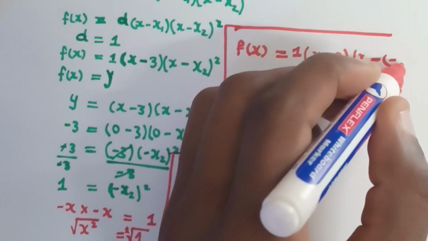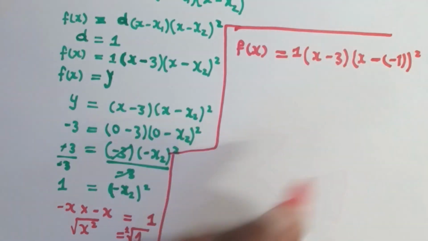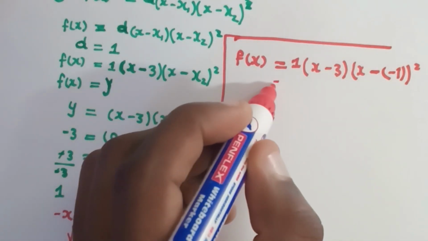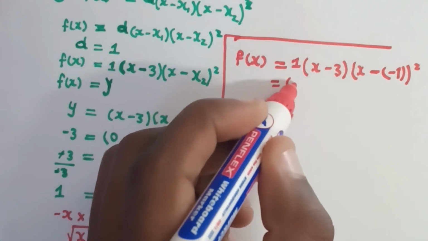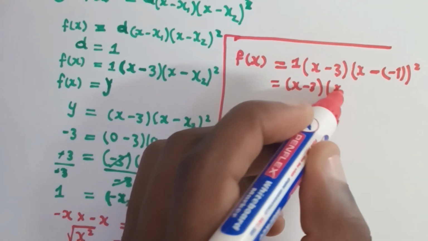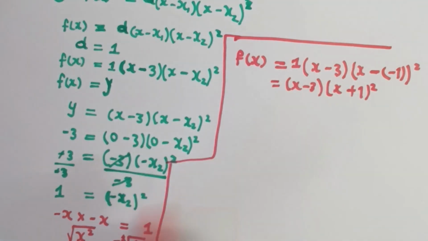I will say -1 here, and then we square everything. So we get x minus 3 into x plus 1, but we square everything there.